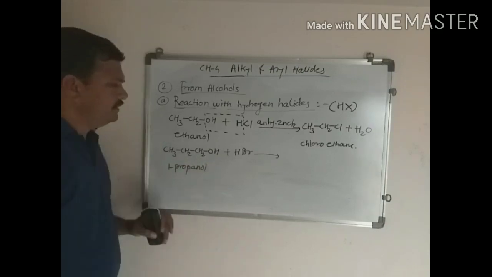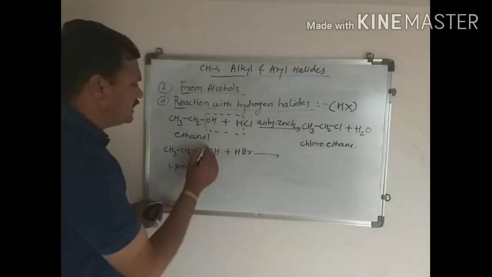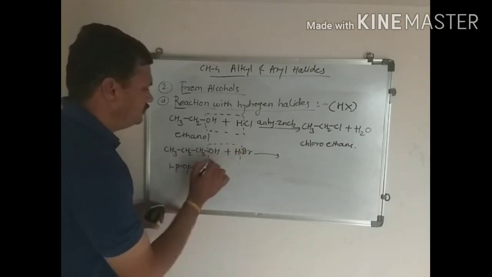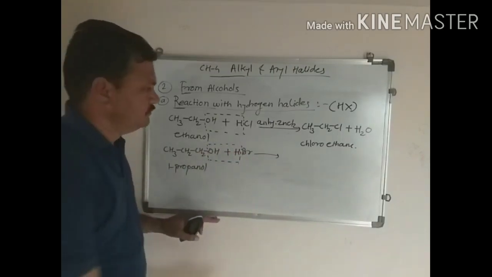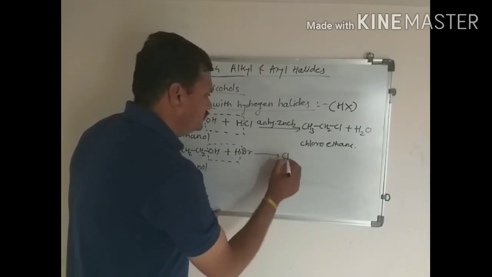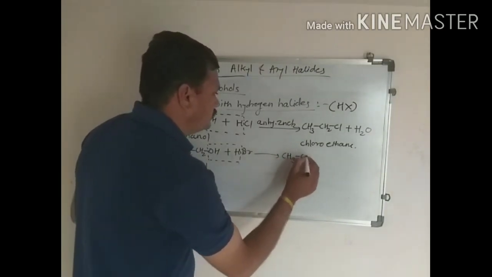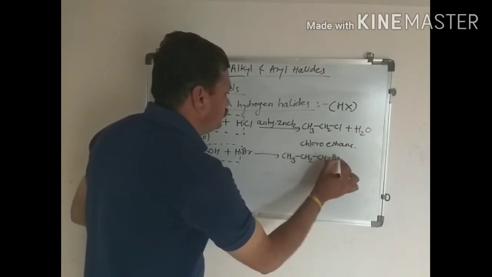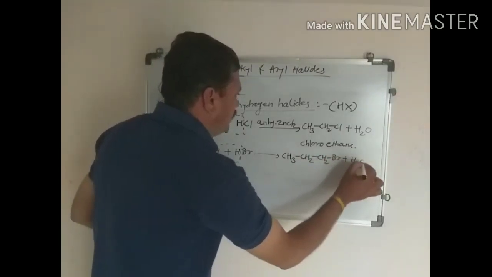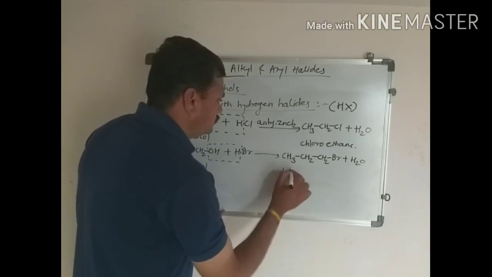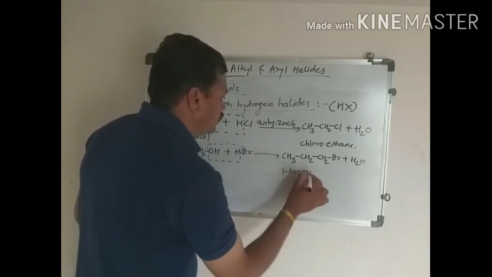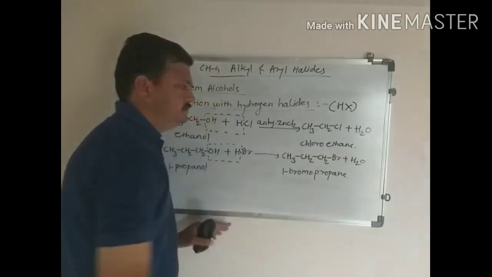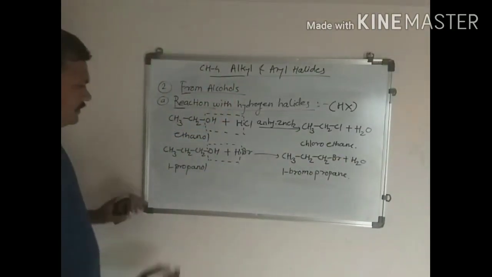When treated with hydrobromic acid, the same reaction takes place: dehydration, removal of a water molecule, and we get the product CH3 CH2 CH2Br plus H2O. It is 1-bromopropane.